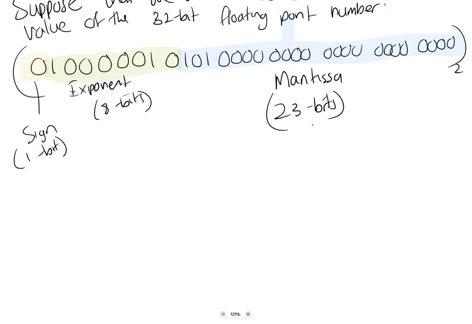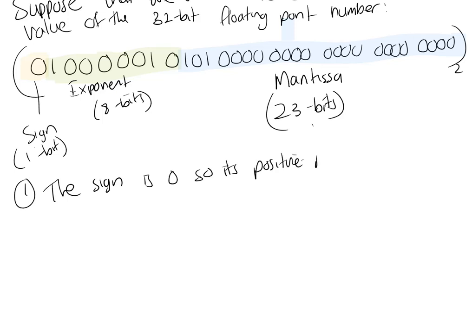Let's start off with the sign. The sign is positive. Because it's a 0, it's a positive number. So that's the first clue.